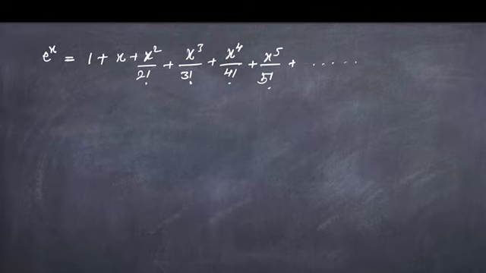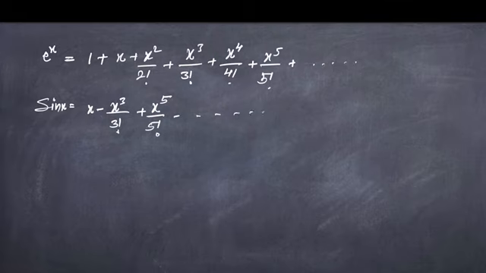For sin x, it is x minus x cube upon 3 factorial plus x to the power 5 upon 5 factorial and so on.